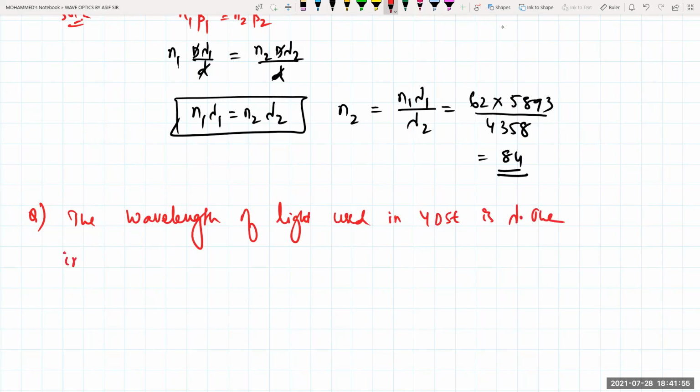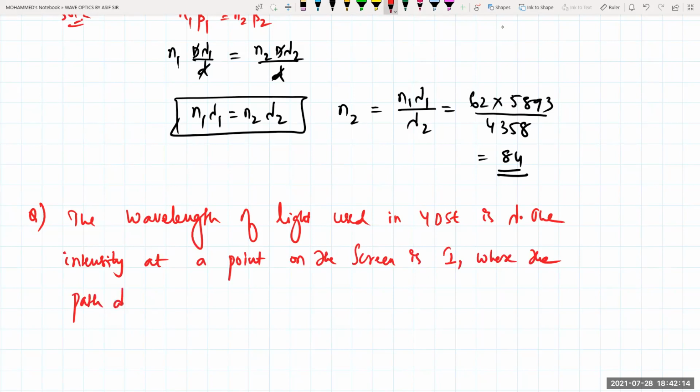The intensity at a point on the screen is I, where the path difference is lambda by 6.